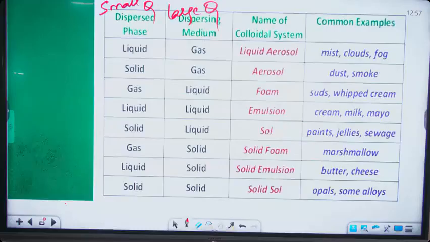Solid is present in small quantity, gas is present in large quantity, it is known as aerosol, dust and smoke. Then gas is present in small quantity, liquid is present in large quantity, it is known as foam. The best examples, curds, as well as whipped cream.